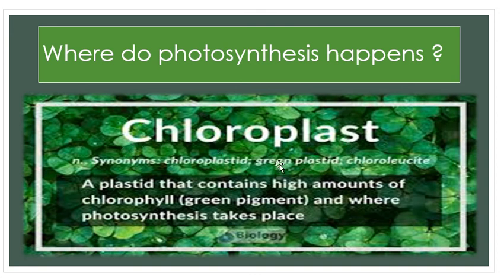Again, this chloroplast is located in the leaves of the plants, or specifically in the plant cells. The chloroplast is a plastid or organelle that contains high amounts of chlorophyll. Chlorophylls are green pigments, and it is where photosynthesis takes place.